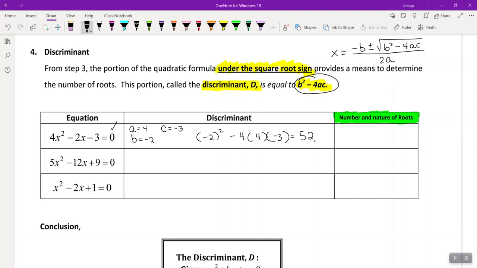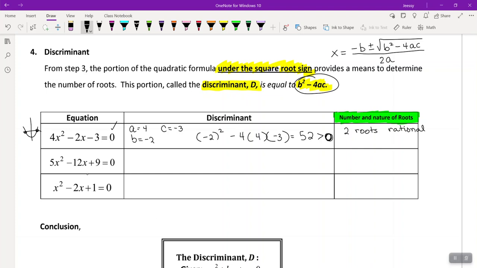All right, so when your discriminant is greater than 0, you're going to have 2 roots that are rational. So if we were to graph this one would cross the x-axis 2 times, okay?